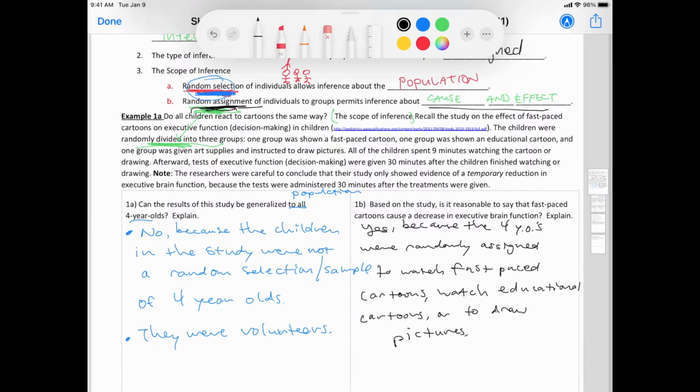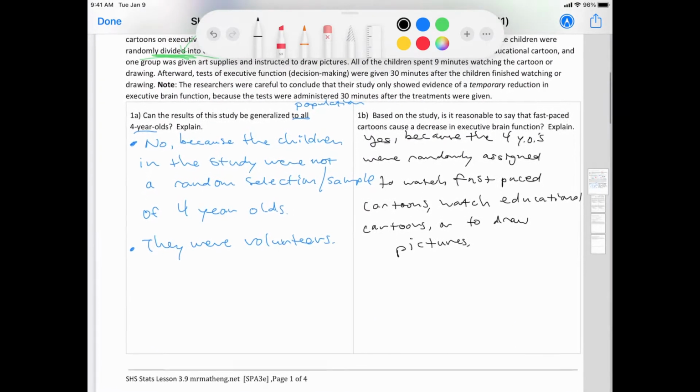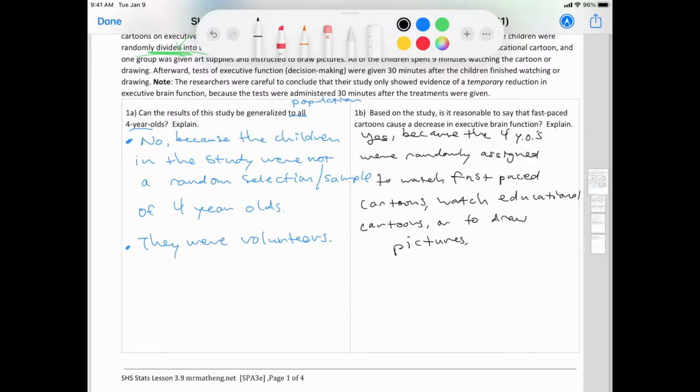So in that case, the big idea is that they had random assignment. Okay, let's move on to page 2.